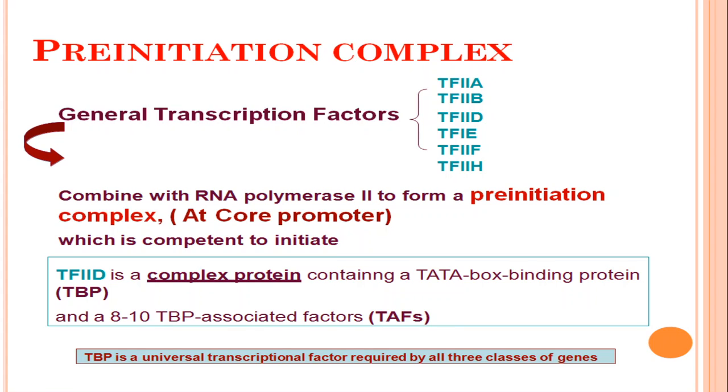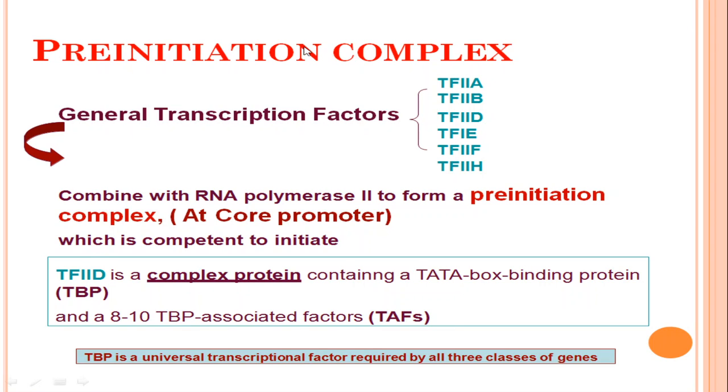When the general transcriptional factors along with RNA polymerase assemble at the core promoter, this process is known as formation of the pre-initiation complex, which is very important to initiate the process of transcription.